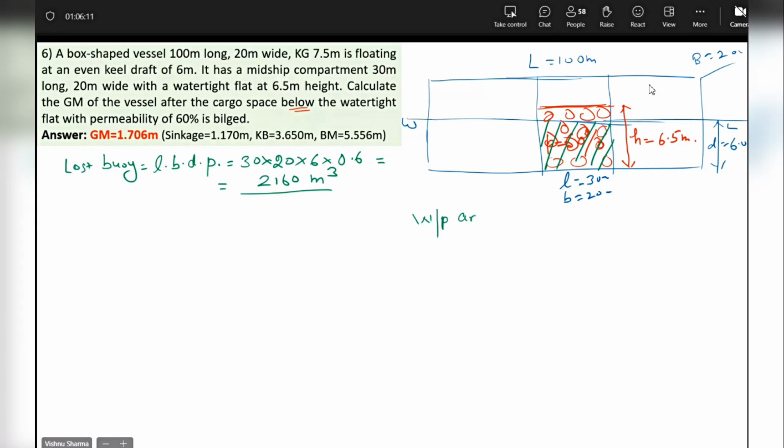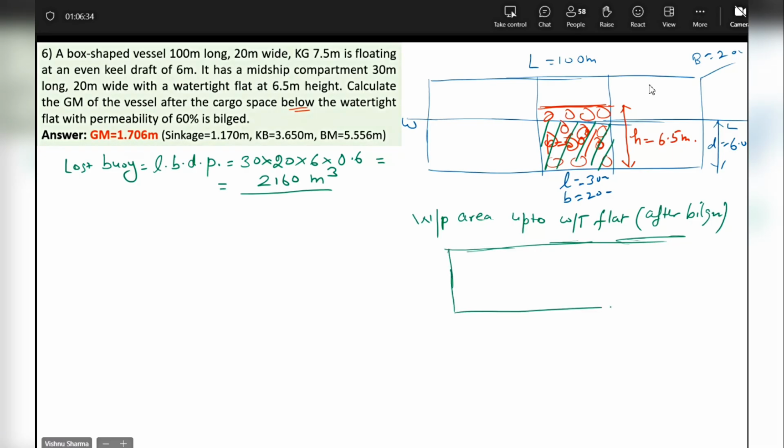Water plane area up to the watertight flat. And of course, we are talking of after bilging. Water plane area up to the watertight flat after bilging. That means from WL to watertight flat.